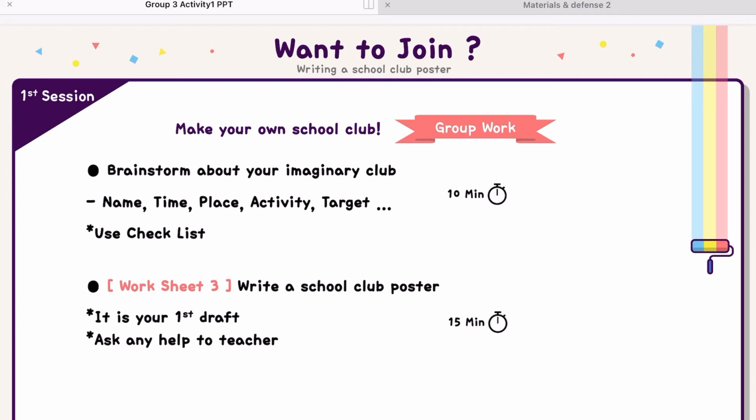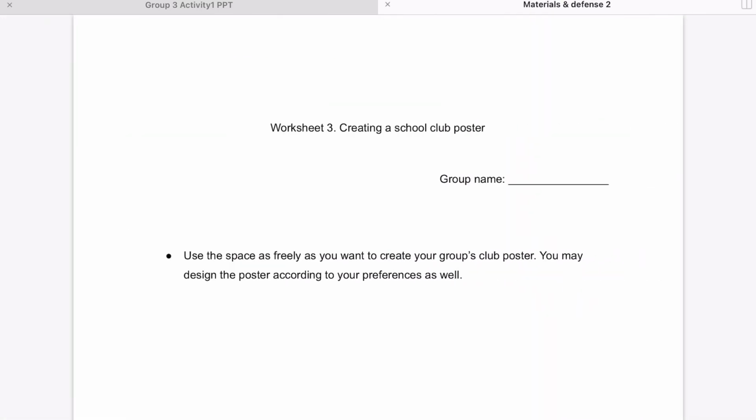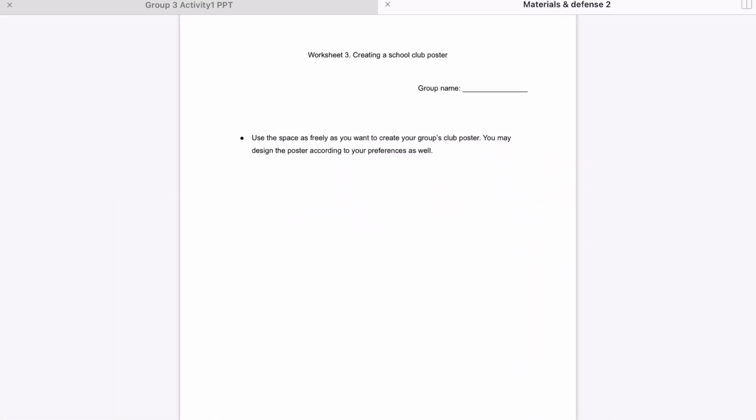Alright, is every group done? Then, if you take a look at the last page of the handout, there's a huge space for your poster. So here, you're going to make your own poster for your club. For the remaining time of today's class, try to make the first draft of your club poster.